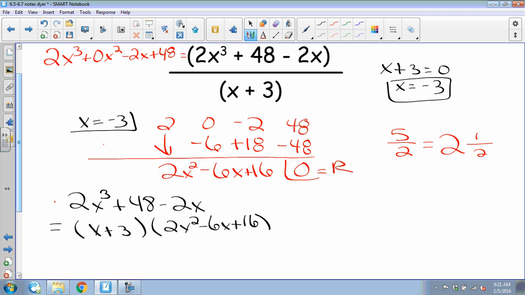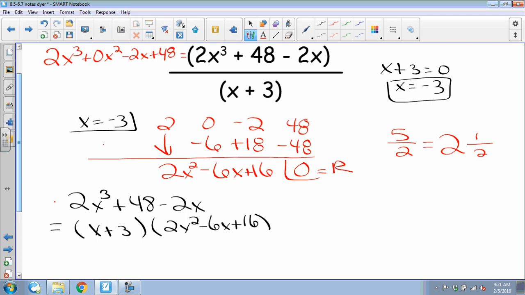If I told you to solve this, my first solution is negative 3. And then I would have to take this and set it equal to 0 and solve that. So how do you know which one to do? You read your directions. The directions will say factor completely or it will say solve. If there's an equal sign in there, you're solving.